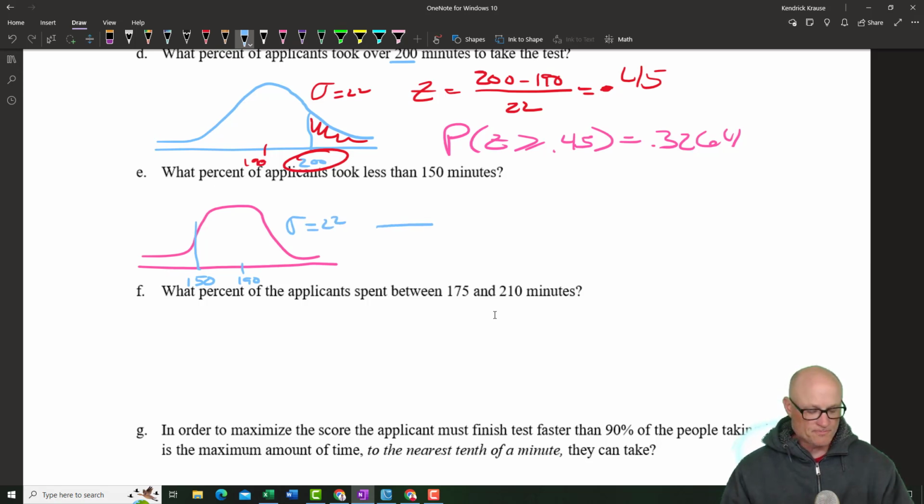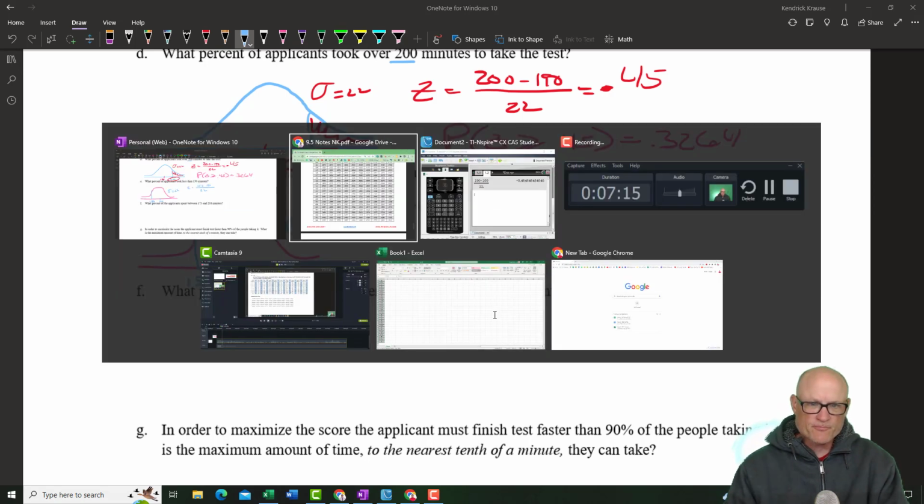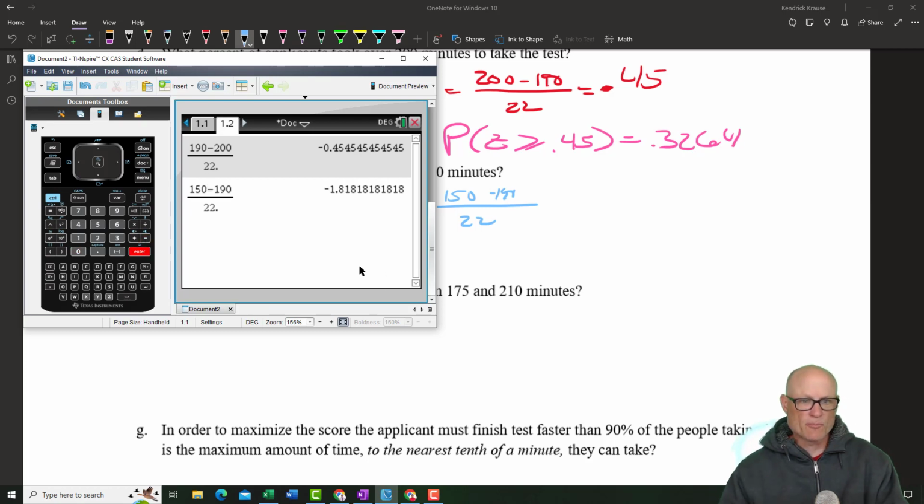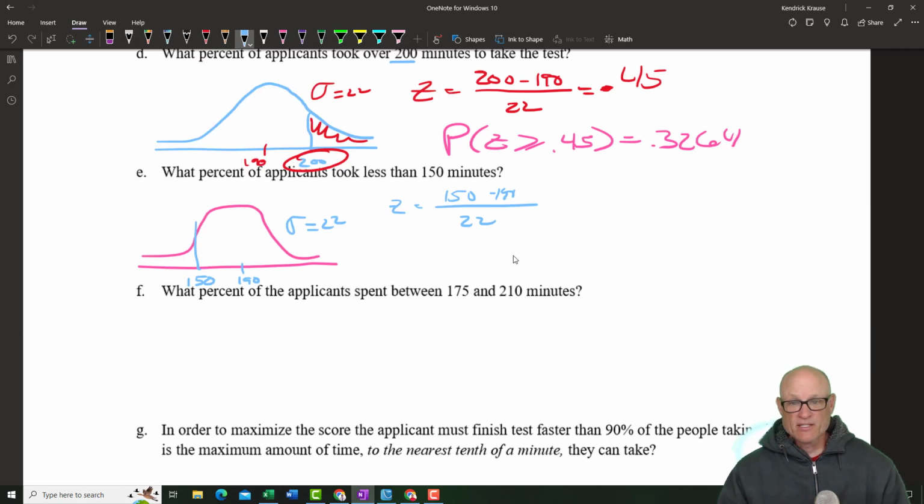Z equals 150 minus 190 over 22. So I get negative 1.82. Be careful with that. This is negative 1.82.